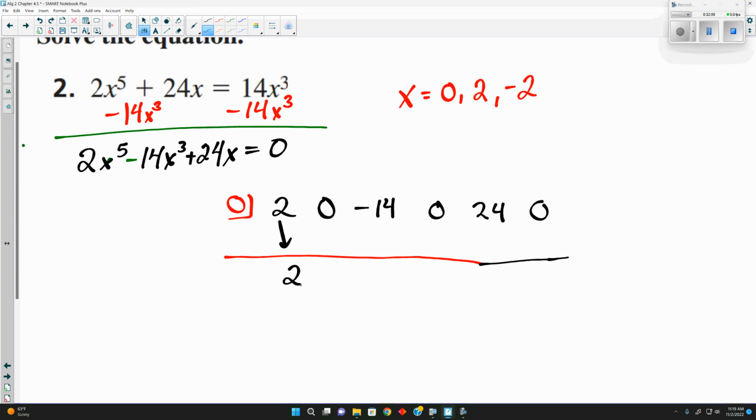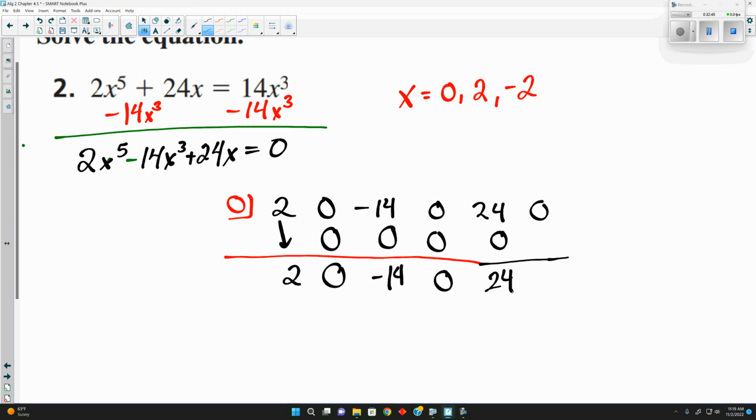Now, hopefully this is the easiest synthetic division we've done, because here we'll do our first one. 0 times 2 is 0 plus 0 is 0. 0 times 0 is 0. -14 plus 0 is -14. 0 times -14 is 0. 0 plus 0 is 0. 0 times 0 is 0. 24 plus 0 is 24.